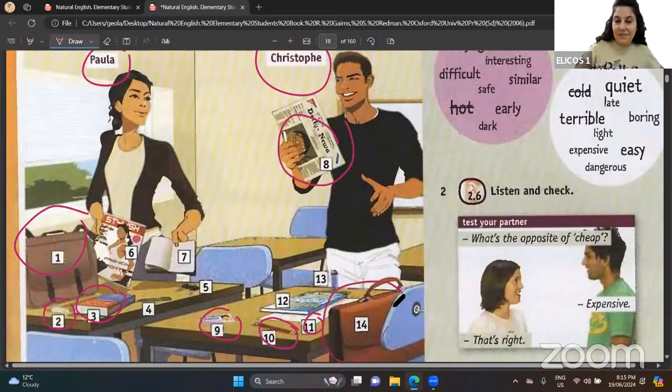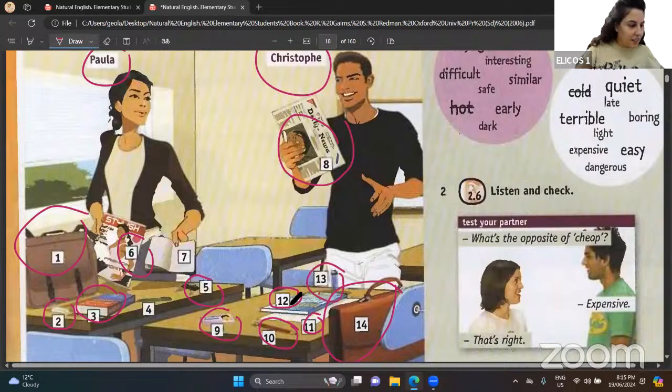Briefcase. So this is a briefcase. Course book? 12. Yep. Keys? 5. Magazine? 6. Lighter? Oh, yes, good.